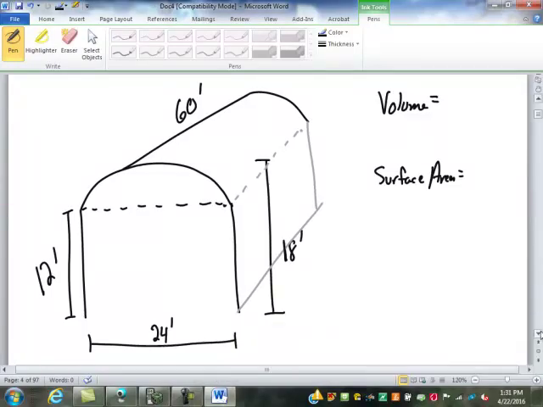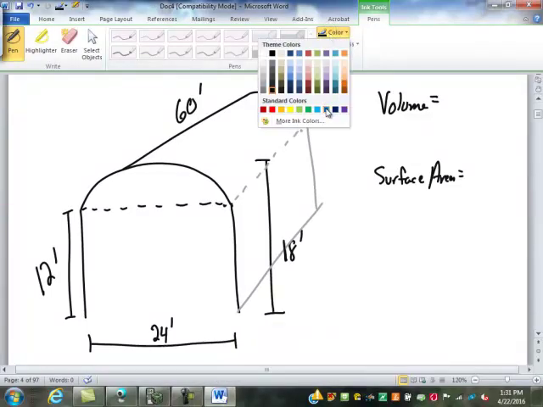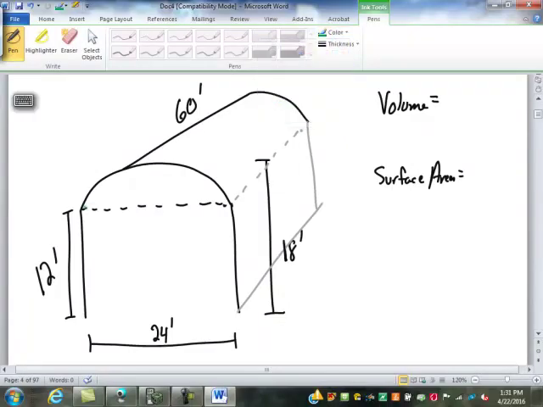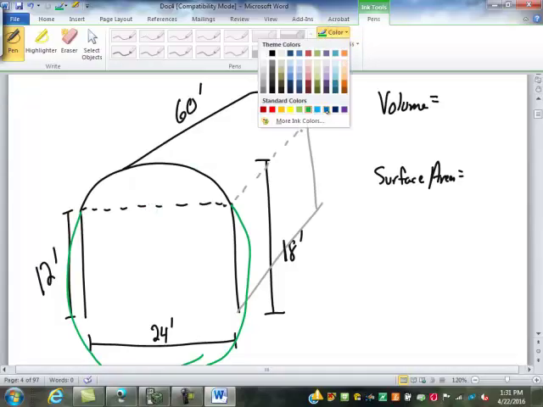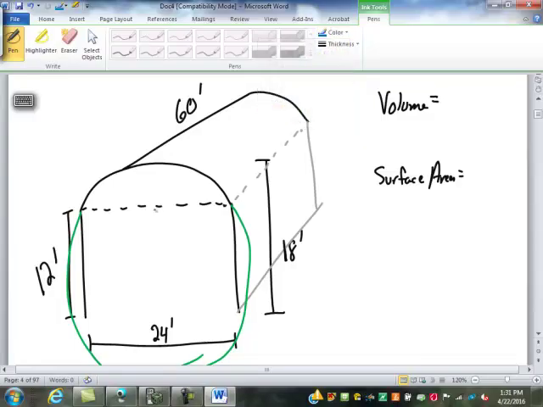Okay, I promised you we'd come back to this one, so let's take a peek at it. We're going to start out by assuming that this is a full circle, and get some information off of that. If I cut this down through here, this gets cut in half at 12 and 12, half of the 24.